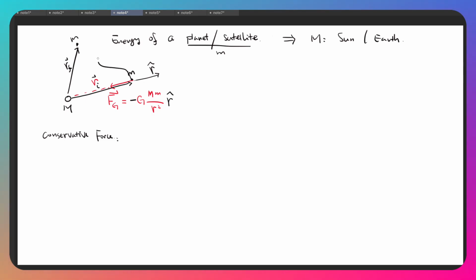So we're going to talk about the work done here, and then we'll prove that it doesn't depend on the actual path. So I'm going to draw one arbitrary path, and say we move the object little m along such a path. What do we do now for the work done by the gravitational force Fg? Let me call this work Wg equals the integral of Fg dot ds.